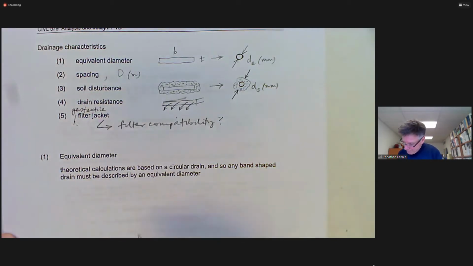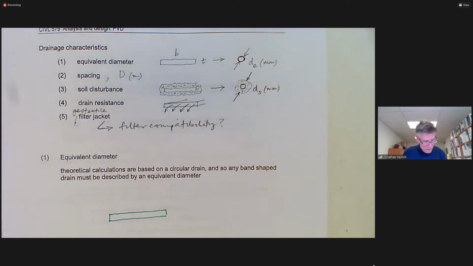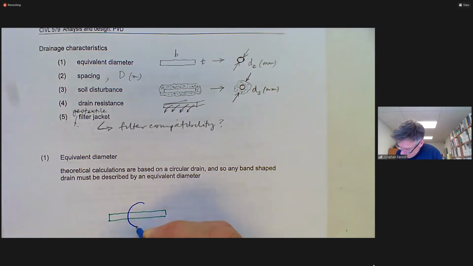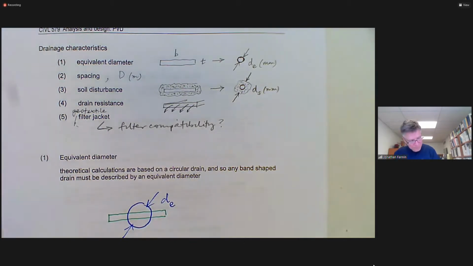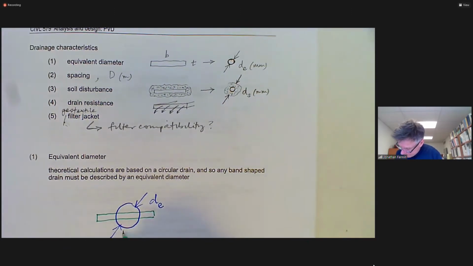Here's the drain. Here's our equivalent diameter. And DE is equal to, let's say, B is 100 millimeters.